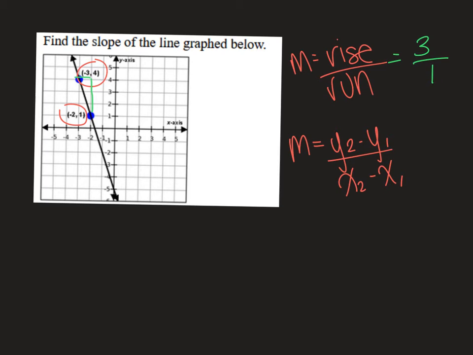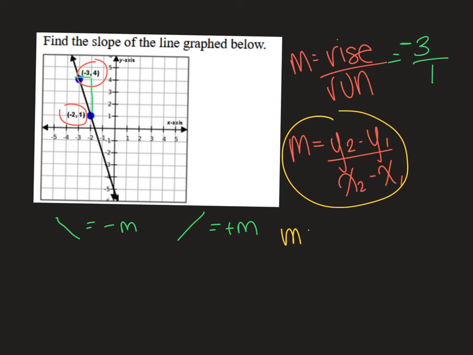Then you've got to think about, is this a positive slope or a negative slope? Is this line falling or is it rising? Negative slopes will be falling and positive slopes will be rising. So this is actually a slope of negative 3. You could also check that by doing your slope equation.